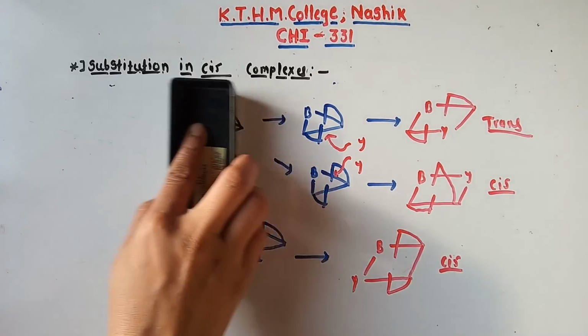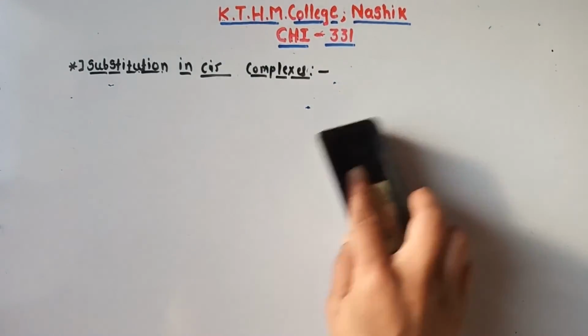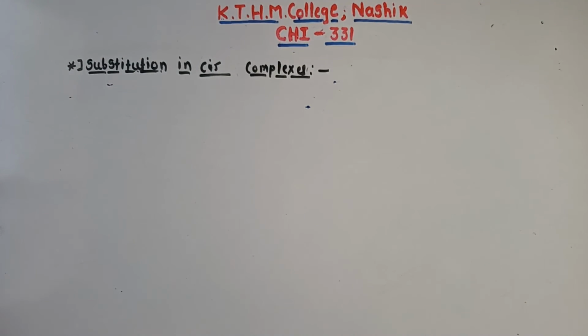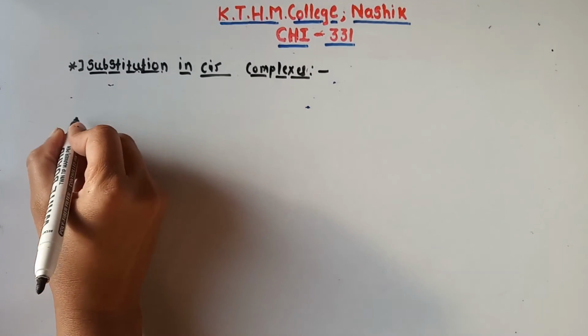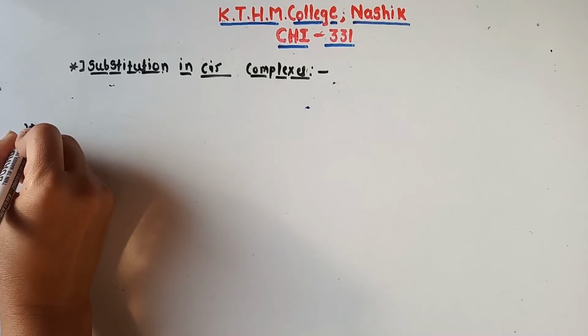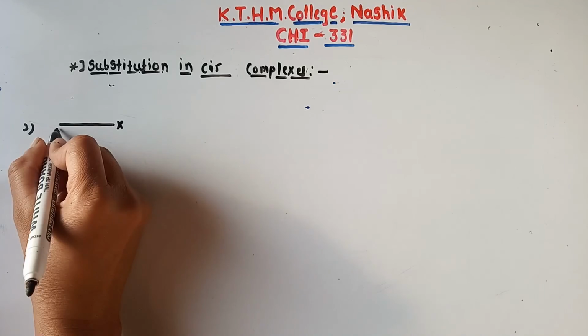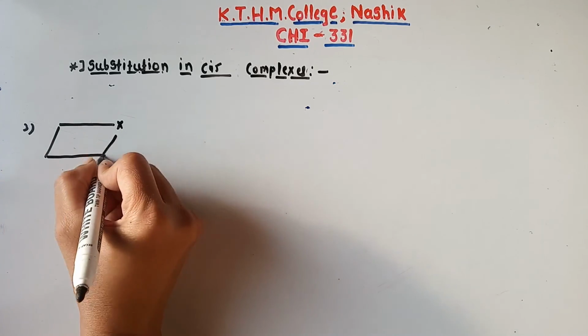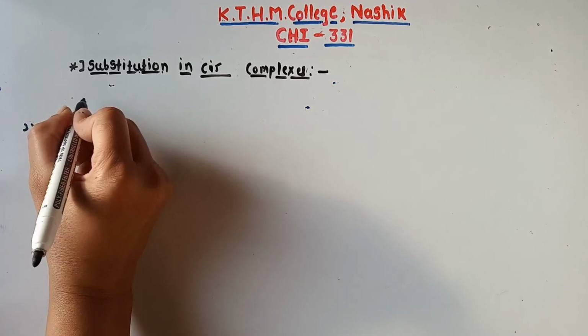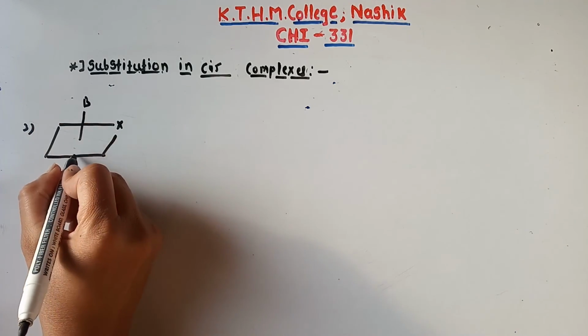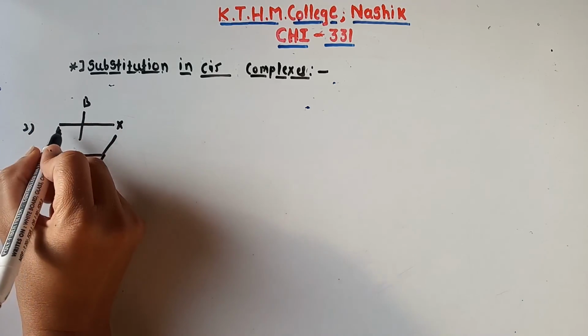And let's see third possibility, in which again B is at axial position. This is your last possibility. In this case, B is at axial position.